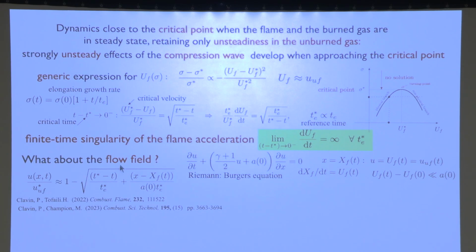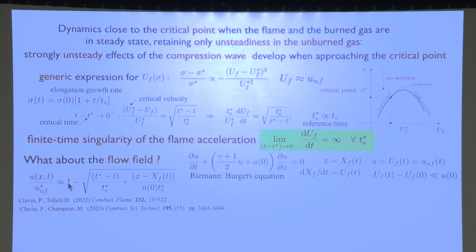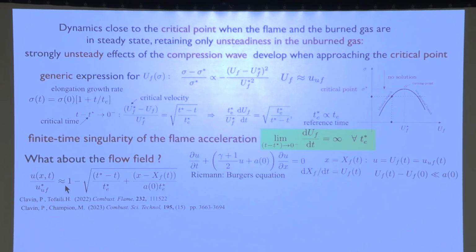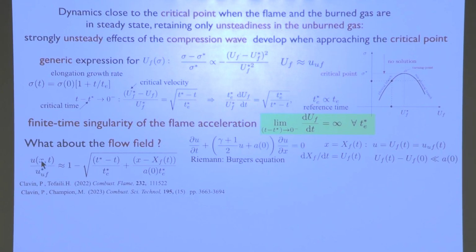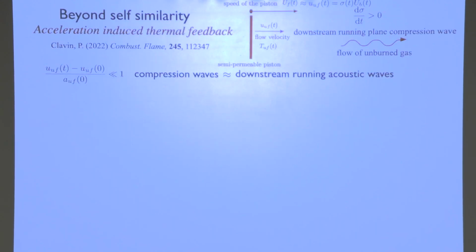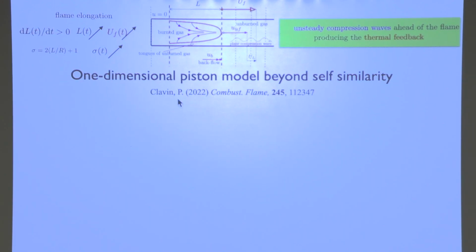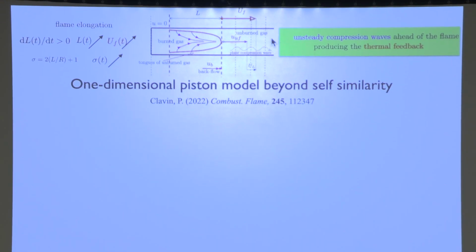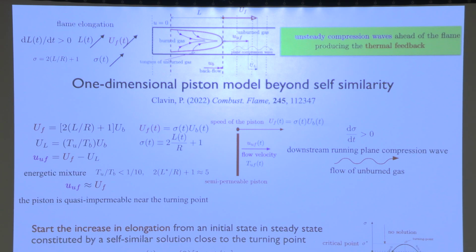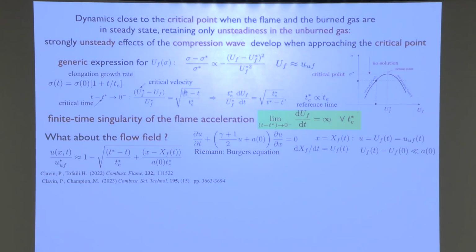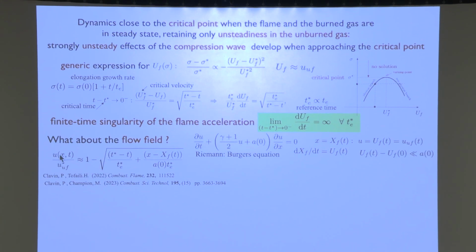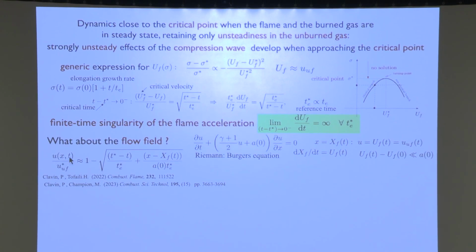Here is the solution: the flow velocity divided by its critical value approaches the critical value like a square root. So it is a field now. It depends on x, to be sure that everybody understands. X is in that direction, right? So this flow is a field, a function of distance from the piston and time.